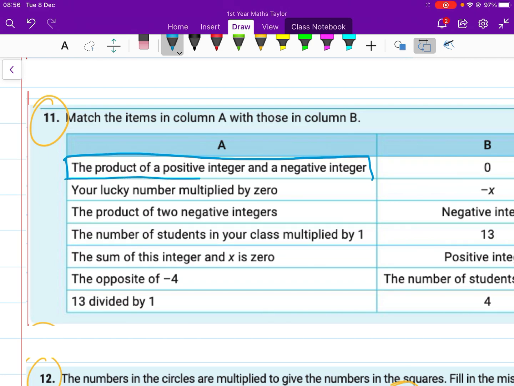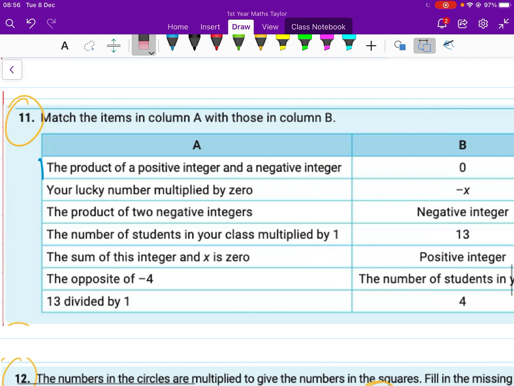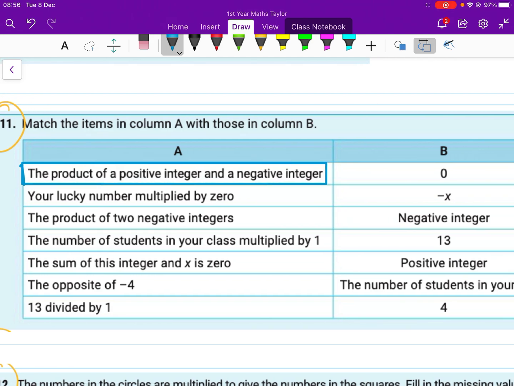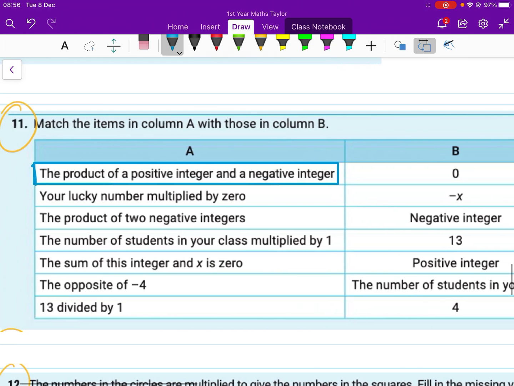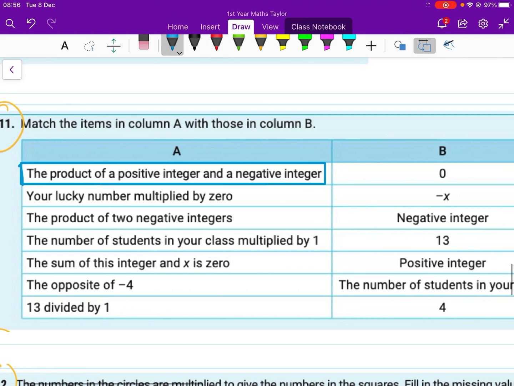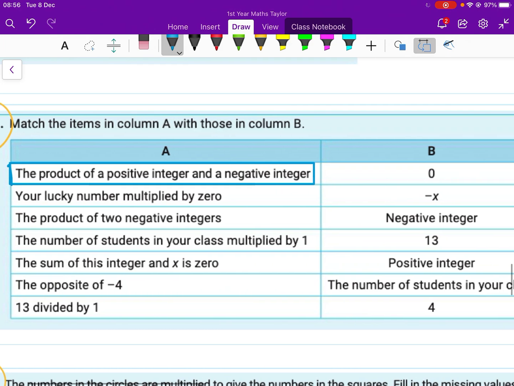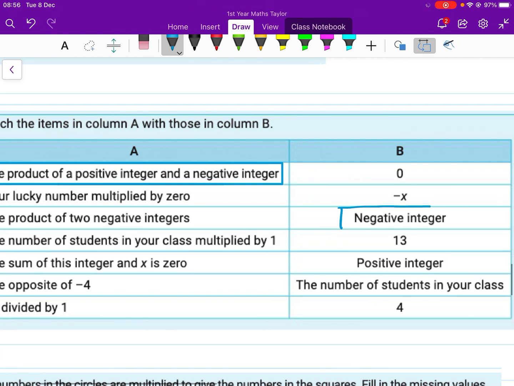So a positive number multiplied by a negative number. So it's going to be a negative integer.